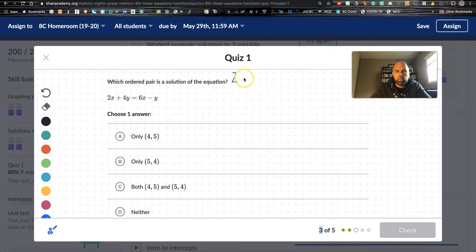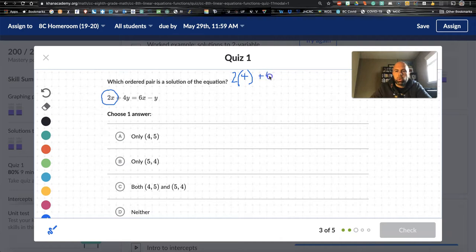So 2 times 4. And I'm putting the parentheses because 2 is right up against x, sorry, which means they are going to be multiplied. So I have to remember to multiply these two together.